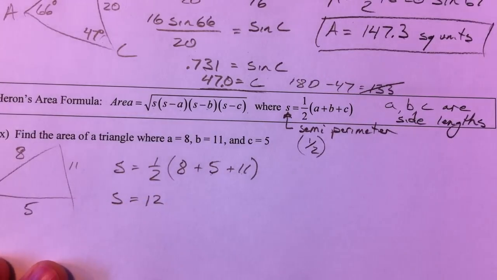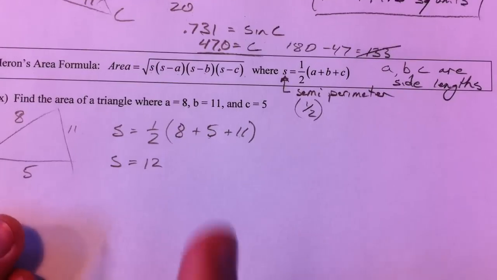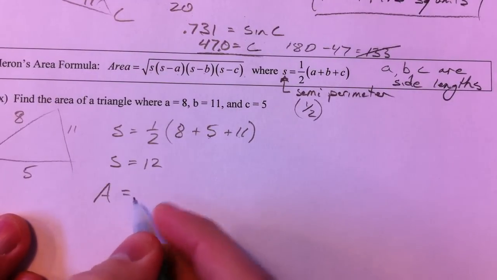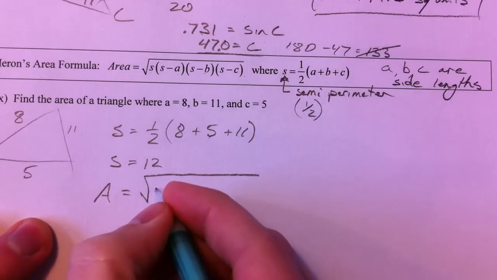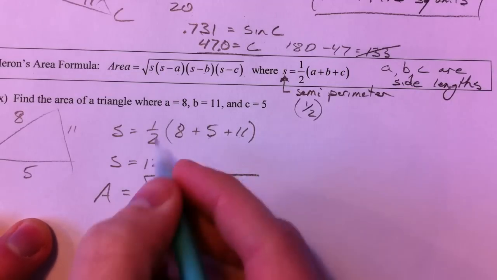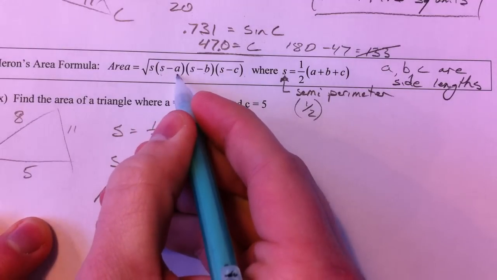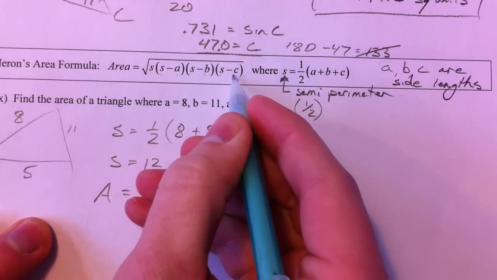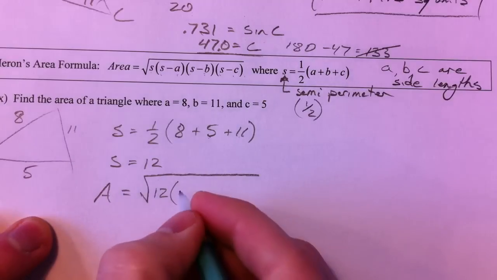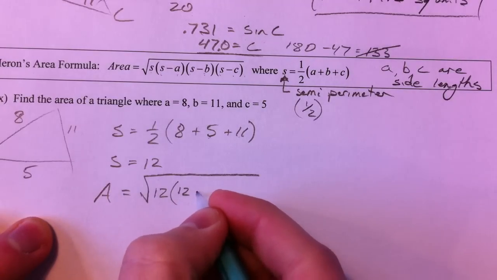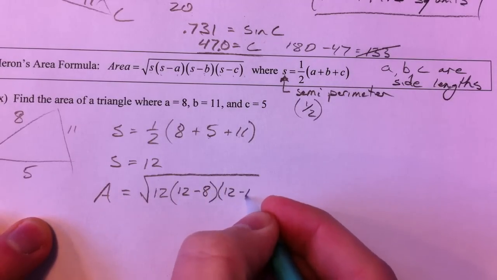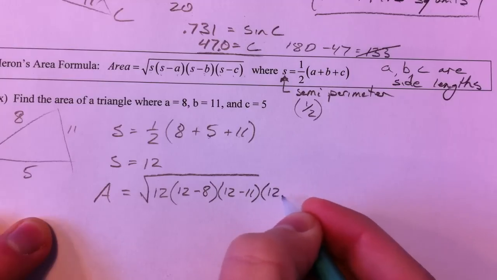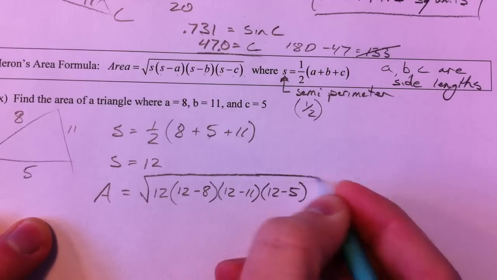So that's your semi-perimeter, half of your perimeter. So then the area is equal to the square root of 12 times 12 minus A, 12 minus B, 12 minus C. I don't even care what your sides are, just get all of that subtraction in. 12 minus 8, 12 minus 11, and 12 minus 5.